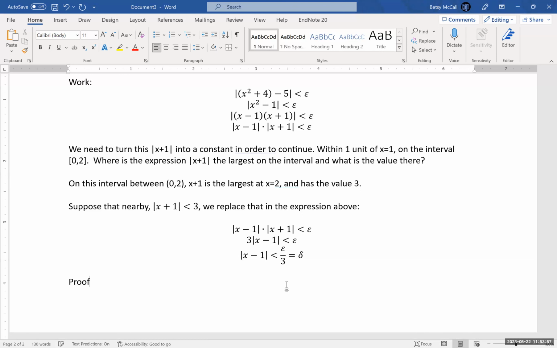When we work backwards. Well, when we work in the forward direction, in the if-then direction.